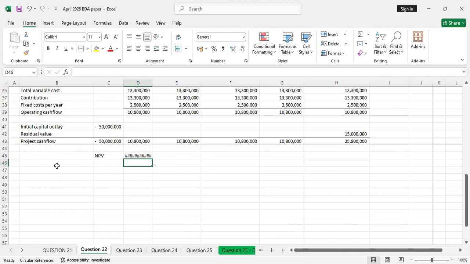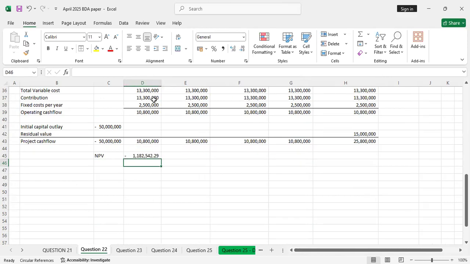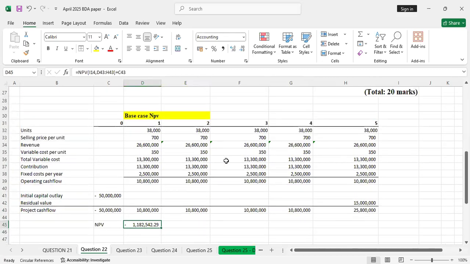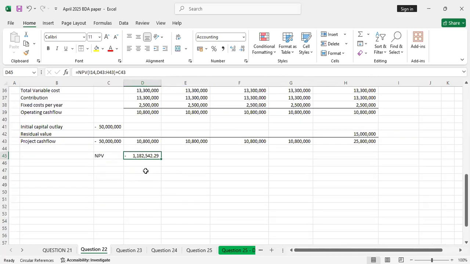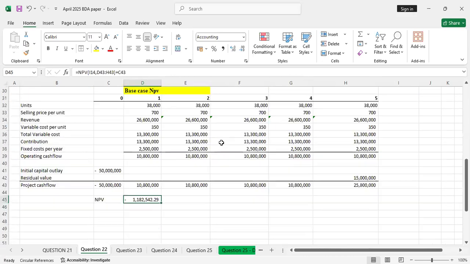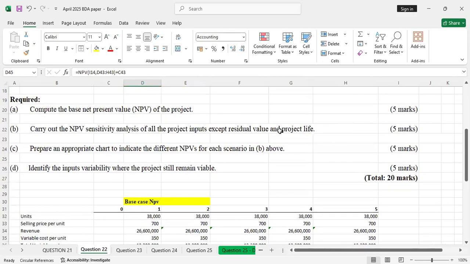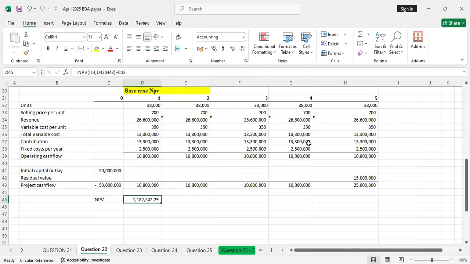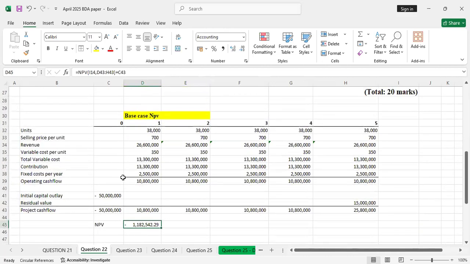Then you enter. Once you enter, it will give me negative 1,182,542. So it means that this project was not viable at that point, because it doesn't have positive NPV. That's how you are supposed to do part A of that question, and to get yourself awarded 5 marks.